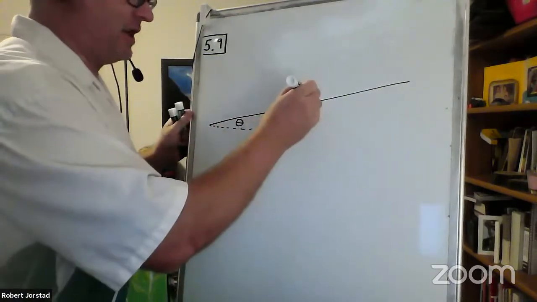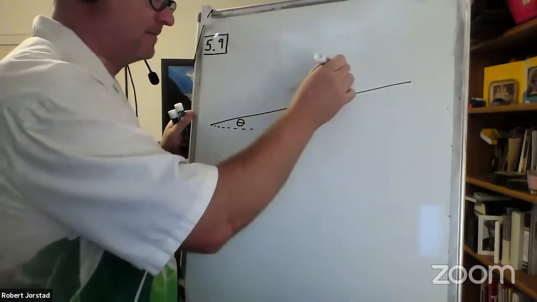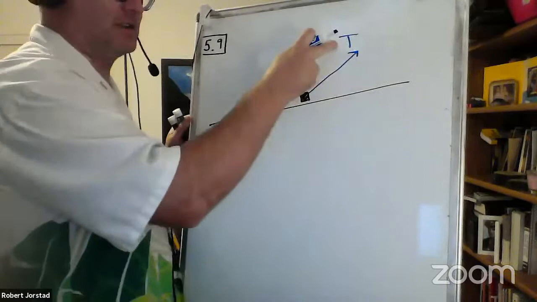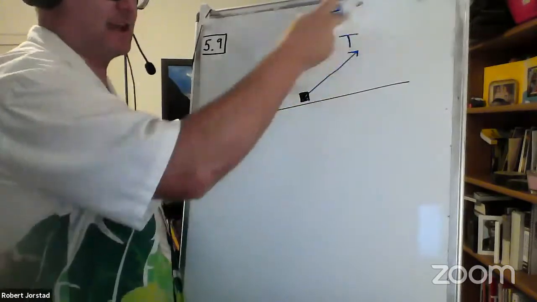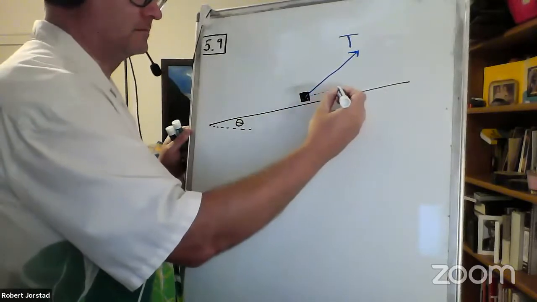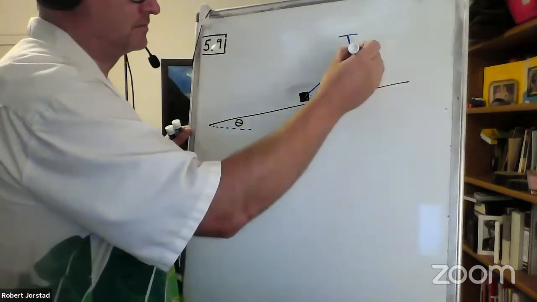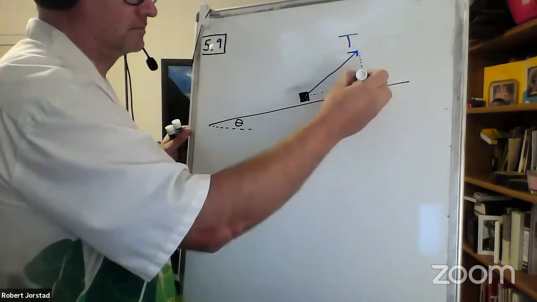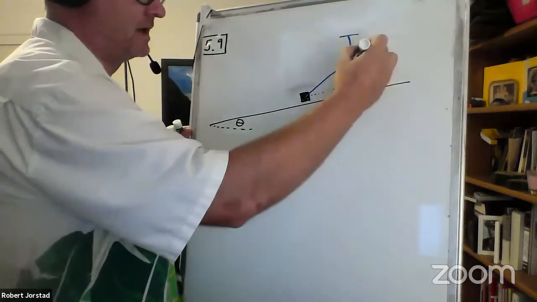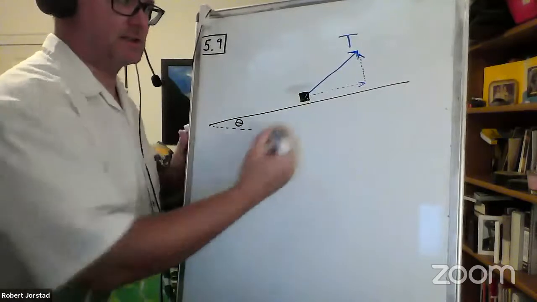So I'm going to try and draw this on there. There is a force. The magnitude is T. The direction is this way. Together, these are the force vector. And those are the components.